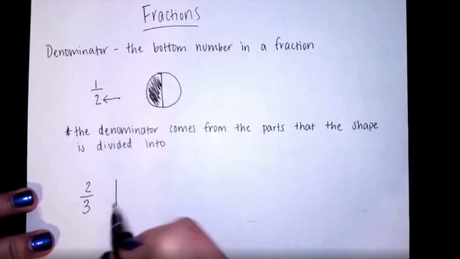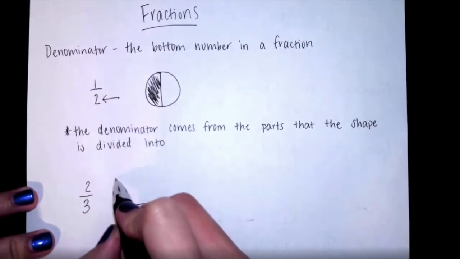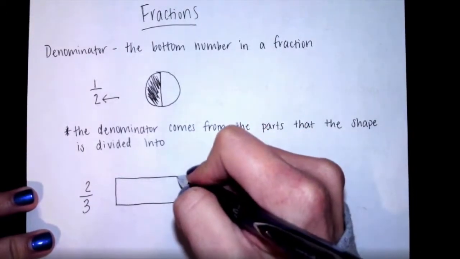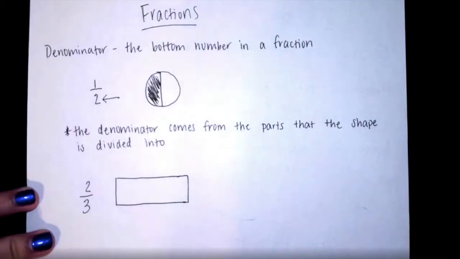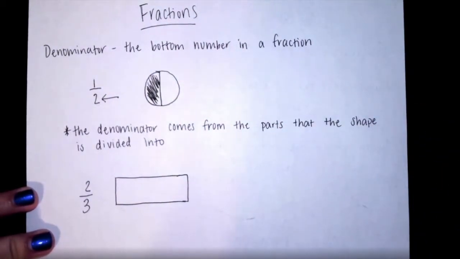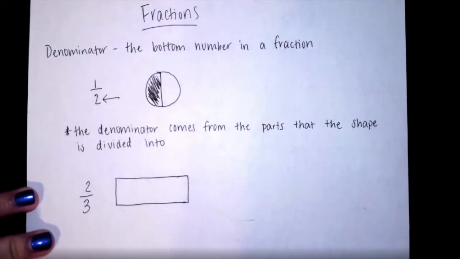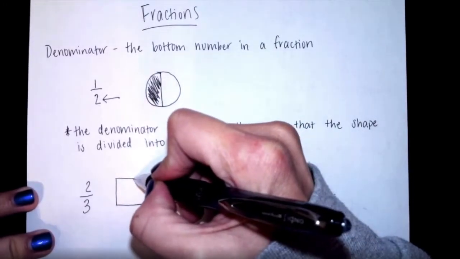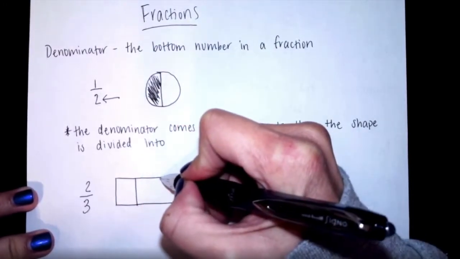I'm going to use a rectangle this time. Okay? And then we would need to split this into 3 equal pieces. I'm not using a ruler, so I'm going to do my best to make each section equal. Okay, so about here and about here.